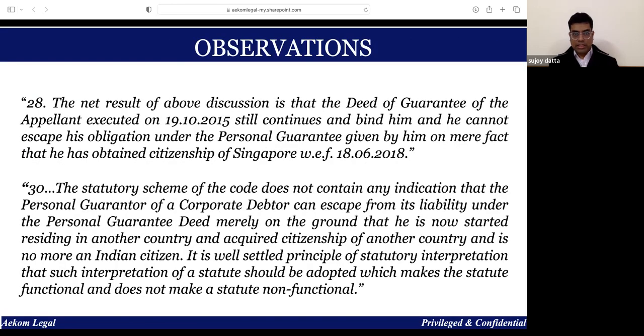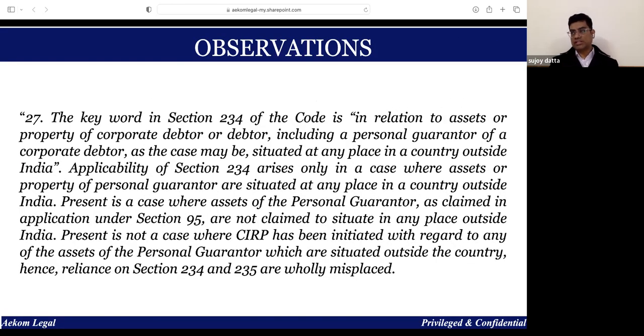So, in this manner, all the issues were answered. There are several binding ratios that have emerged. It has reaffirmed the ratio of Ravi Ajit Kulkarni. It has reaffirmed that one cannot simply be held to be free from their guarantee obligations because they've switched citizenship.